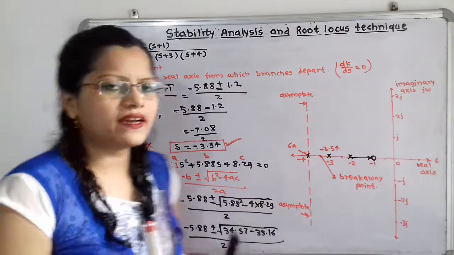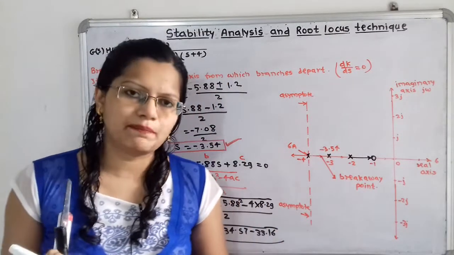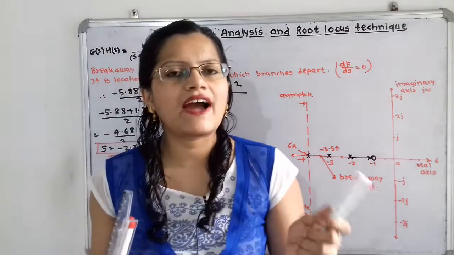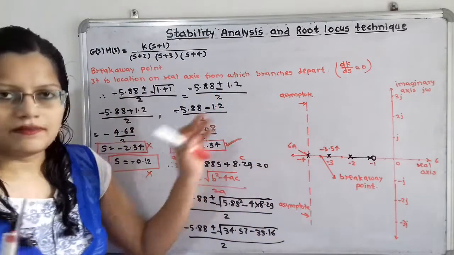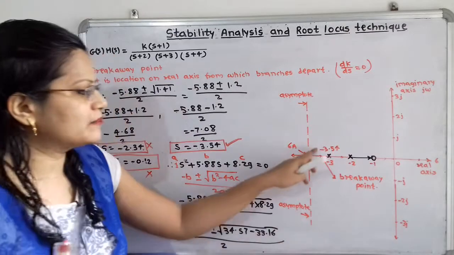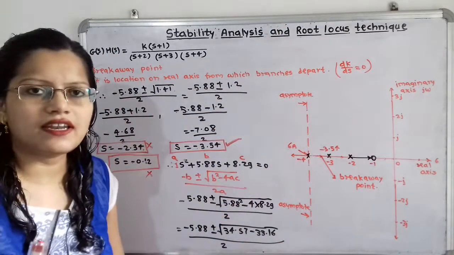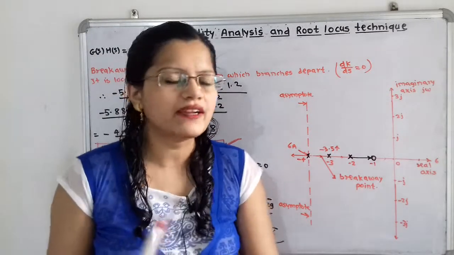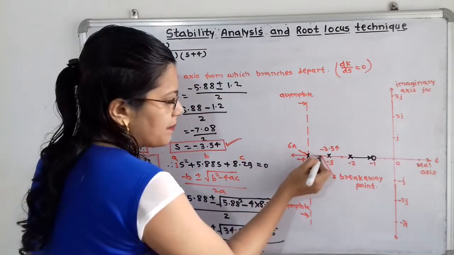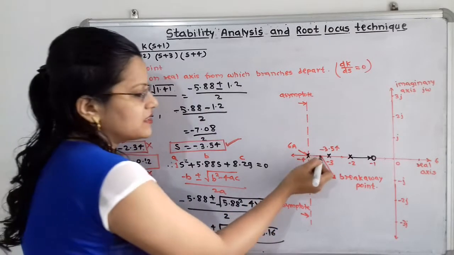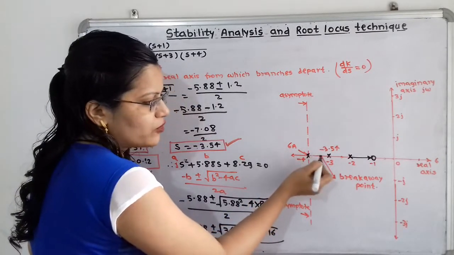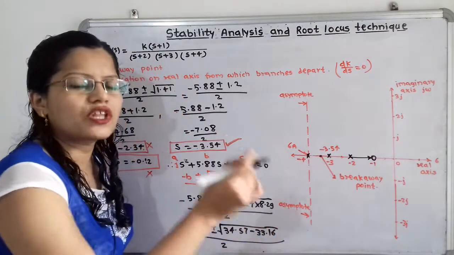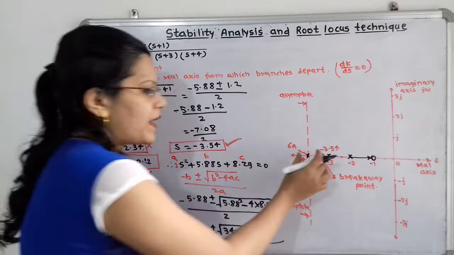Now from this breakaway point the branches depart. So in which way do the branches depart? We have to draw the direction along the asymptote. The asymptote is the vertical line, that is vertically upward and vertically downward. So how to show that? The branches originate from this point on the real axis, because all the points in between minus 3 and minus 4 are the real part of the root locus.